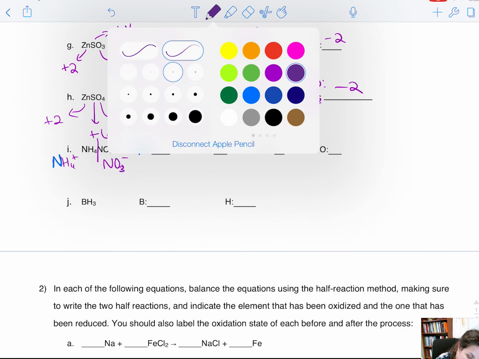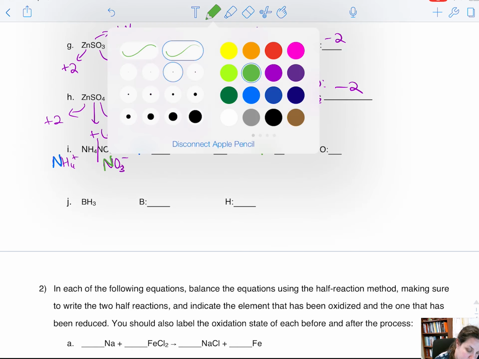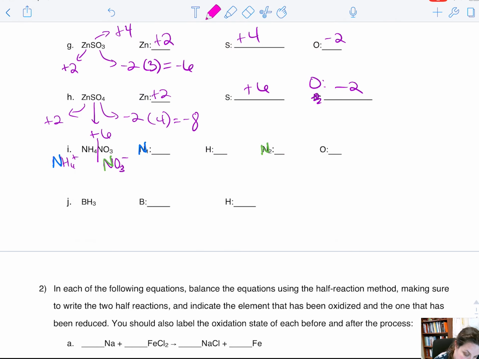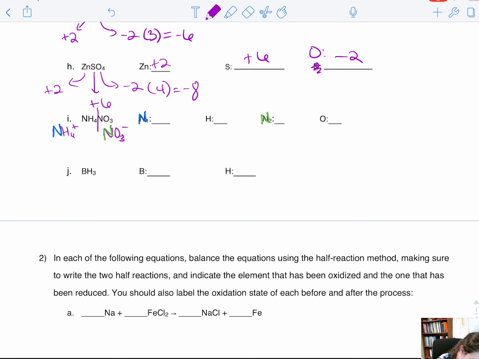And this nitrogen here, we're going to call nitrogen 2. Okay? So, in the first one, our hydrogen is +1. There are 4 of them, so this portion has to be +4. In order to get a total +1 charge for all of our elements, this has to be -3.